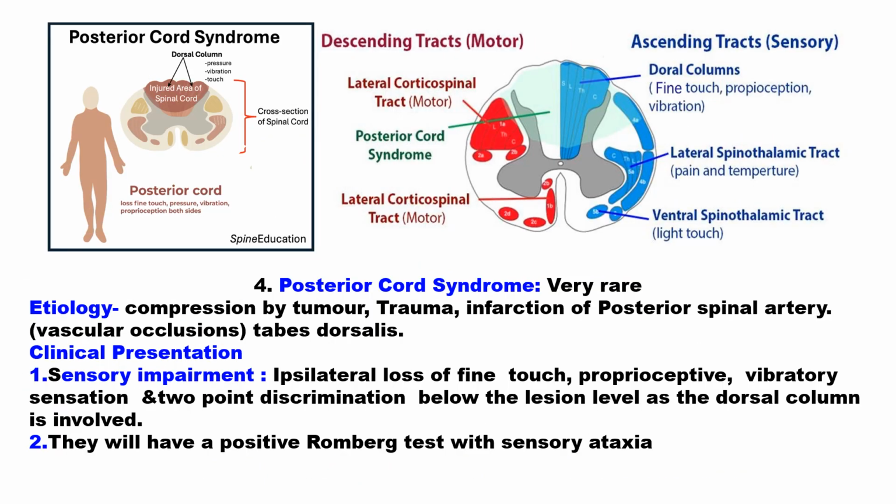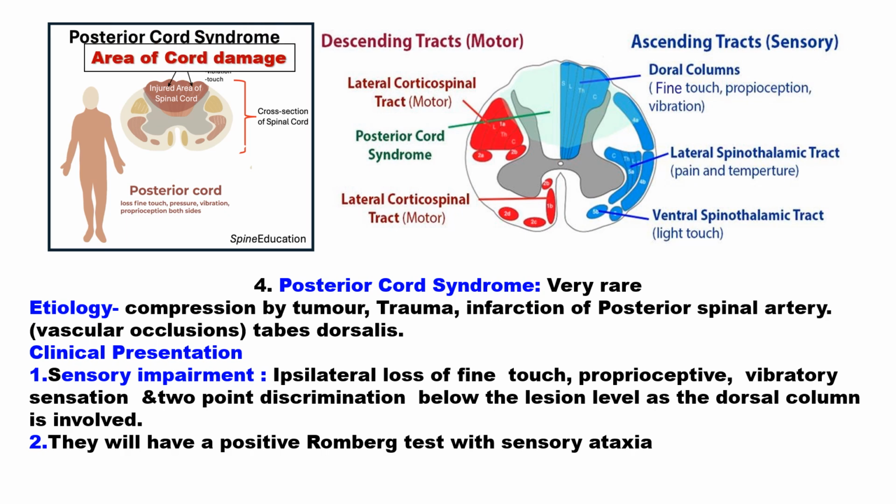Posterior cord syndrome is very rare, etiology being compression by tumors, trauma, infarction of posterior spinal artery, that is vascular occlusions. It may involve even tabes dorsalis.